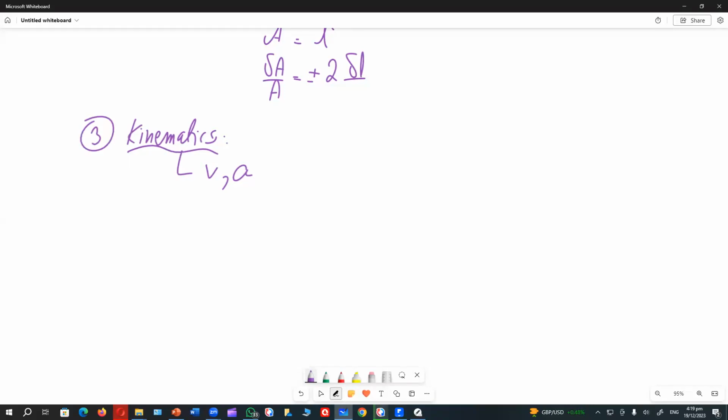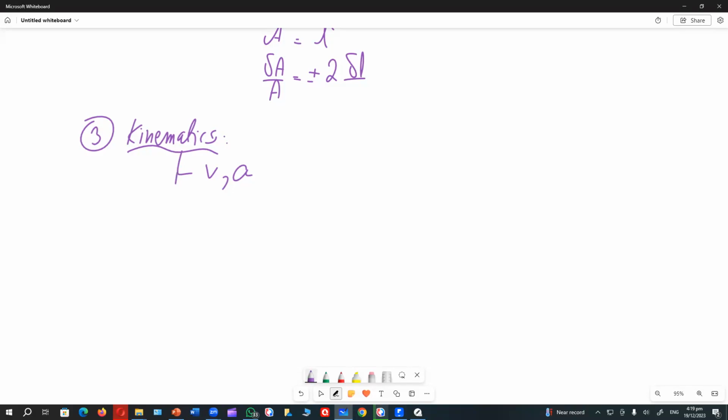Velocity is the rate of change of displacement. And what is acceleration? Acceleration is the rate of change of velocity. Velocity is the rate of change of displacement, and acceleration is the rate of change of velocity.